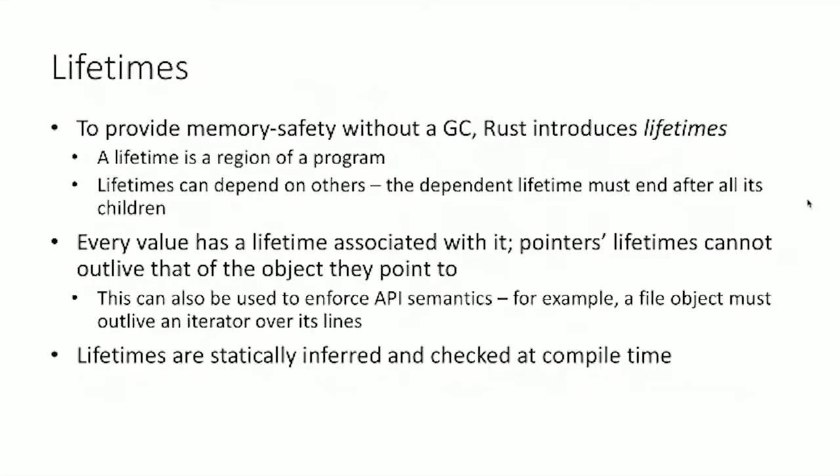Now, as far as how these safety guarantees are maintained, there's a system called lifetimes. Essentially, the basic concept is that the lifetime is a region in which a memory reference is valid.